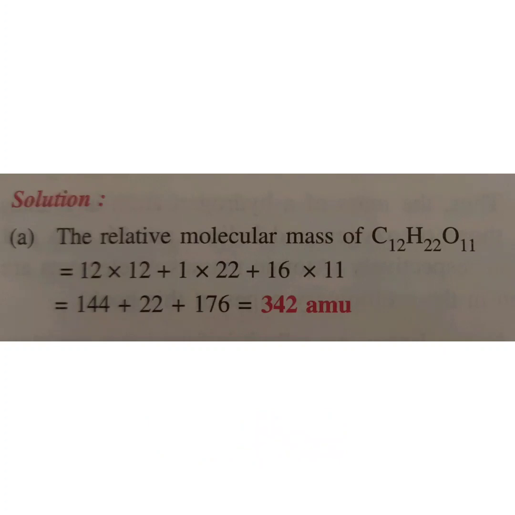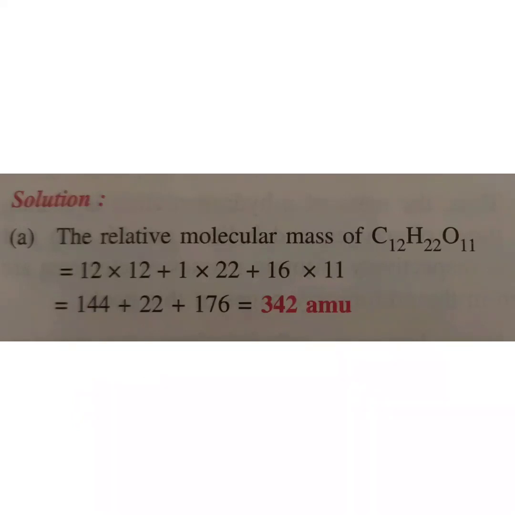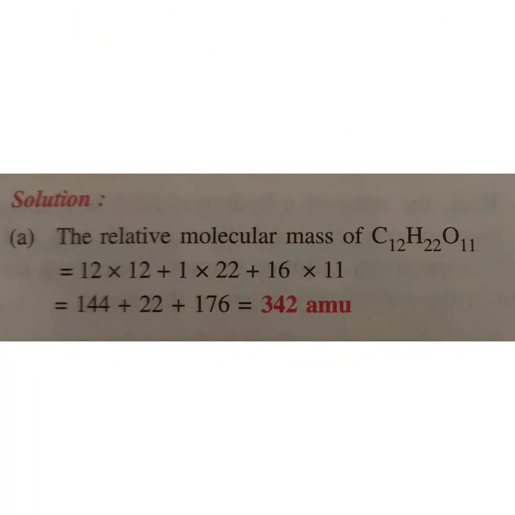That's the total for the entire sugar. For cane sugar it is 342, whereas carbon in cane sugar is 144. So it will work out as 144 upon 342 into 100. This is the way you can calculate the percentage of any element present in a compound.